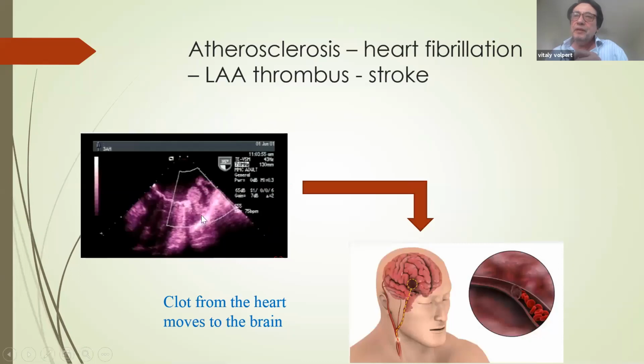It is called the left atrial appendage, shown here. And because of heart fibrillation, a clot forms in this part. And why is it so dangerous? Because it goes directly from the heart to the brain and provokes stroke.